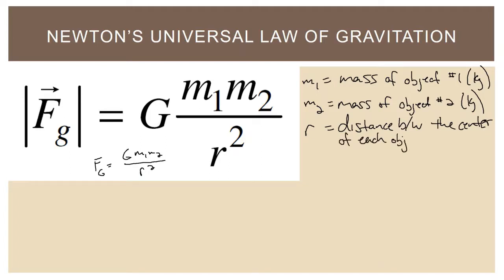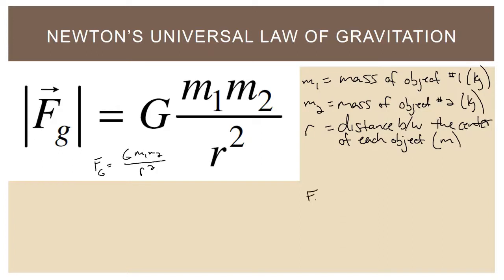Now, this matters for big things like planets, because that's where the center of mass of the planet is located. And for something like the Earth, which has a radius of about 6 million meters, it actually is going to make a difference whether we use the surface of the Earth or the center. And that distance between the centers of the objects is measured in units of meters.